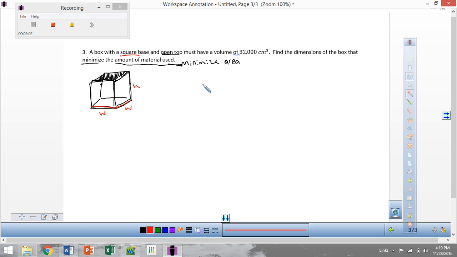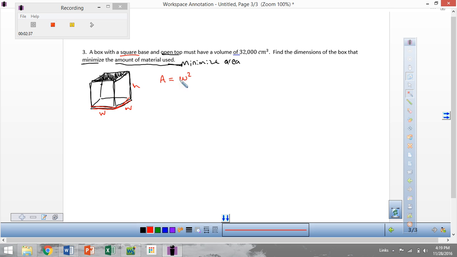Okay, so surface area. The formula that I'm going to try to minimize, the area of this would be, let's see, we would have a W squared, and I only have one of those, right? I've only got this area. That's going to give me the area of the bottom, and I don't have a top.